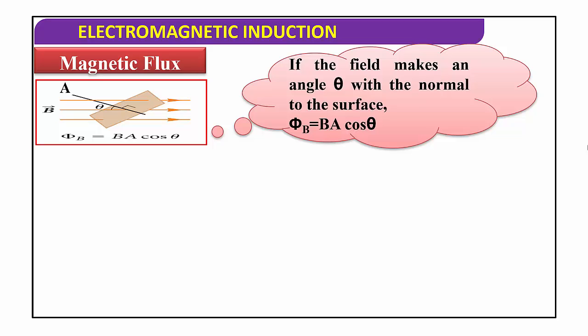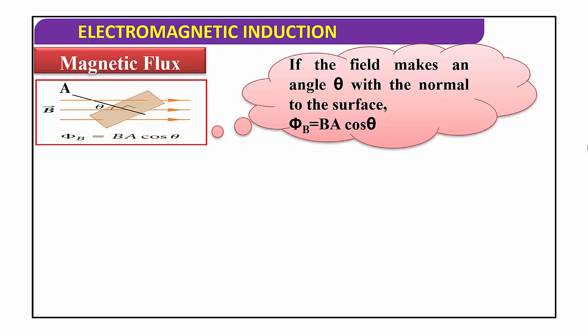B dot A is a dot product. If there is a dot product, then we use cos theta, the trigonometric function cosine. You already studied this. Phi B equal to B dot A or BA cos theta. Theta is the angle between magnetic field lines and the normal drawn to the given surface.